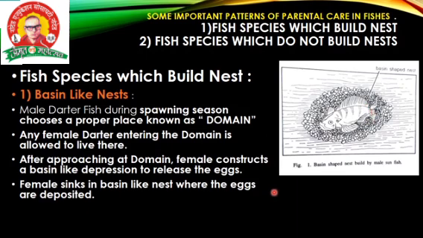First point, the male darter fish during spawning season chooses a proper place known as a domain. Any female darter entering the domain is allowed to live there. After approaching the domain, the female constructs a basin-like depression to release the eggs.